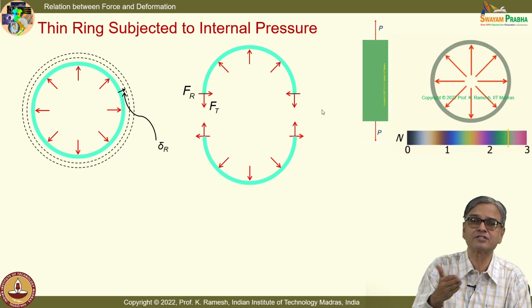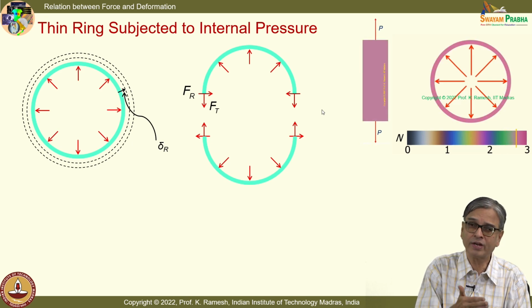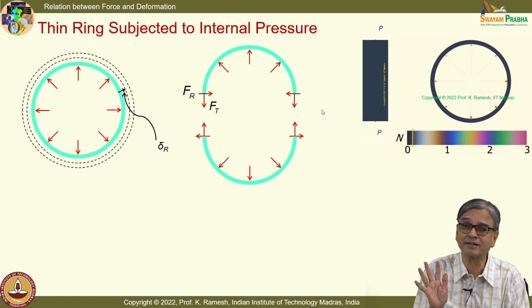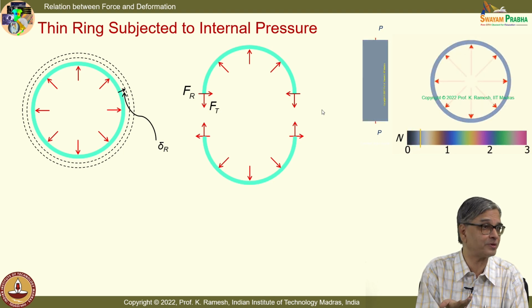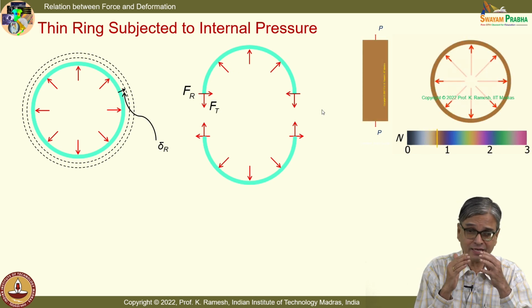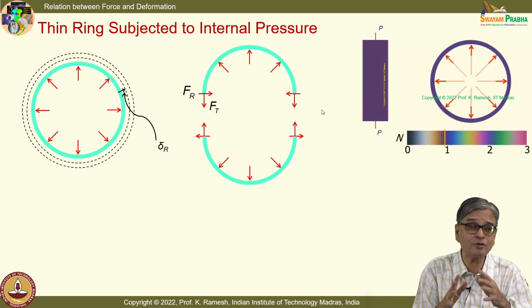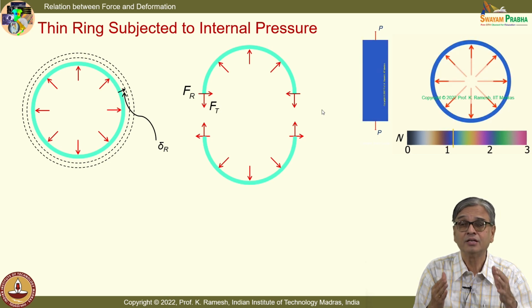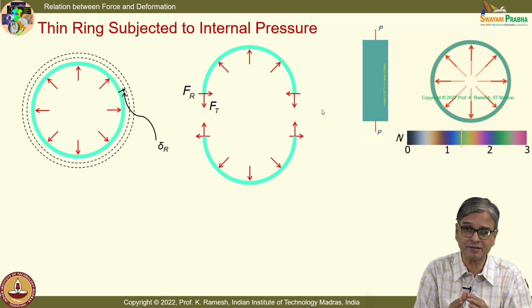First of all, this structure is symmetric, loading is symmetric, and we have assumed the elastic properties are symmetric. That is what we called isotropic. Fine. So, everything is symmetric here. If one of these is not symmetric, you can't bring in a symmetry argument. The structure should be symmetric, boundary conditions should be symmetric, loading should be symmetric, and elastic response should be symmetric. Then you can bring in symmetry arguments.